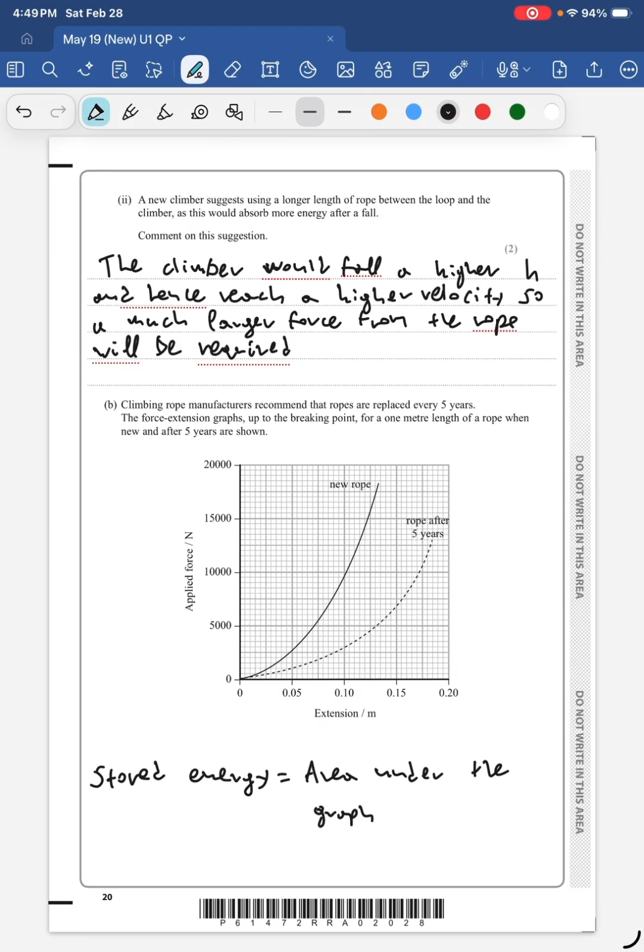This is a tedious problem in that you have to calculate. For the new rope, the area under the graph is this region.